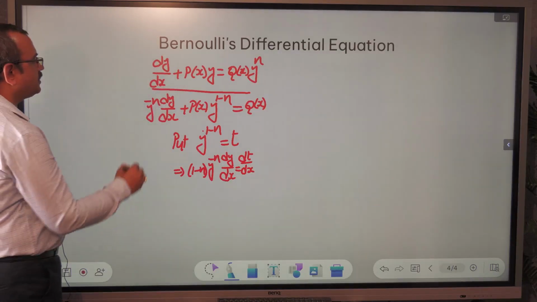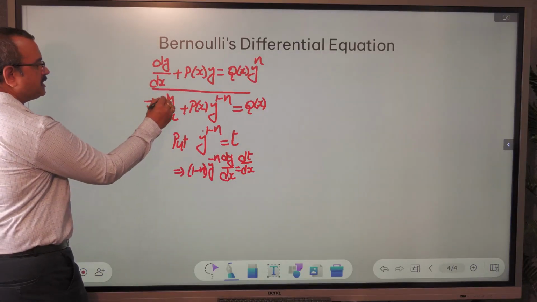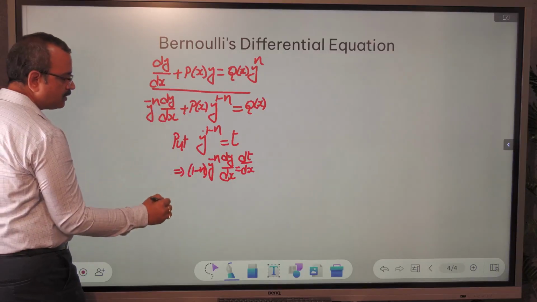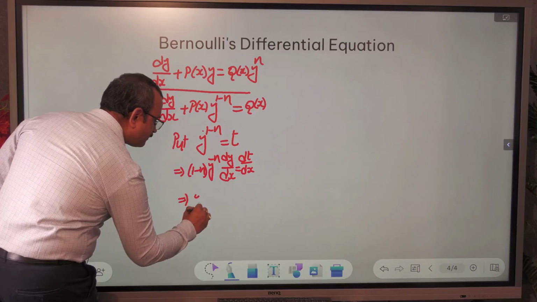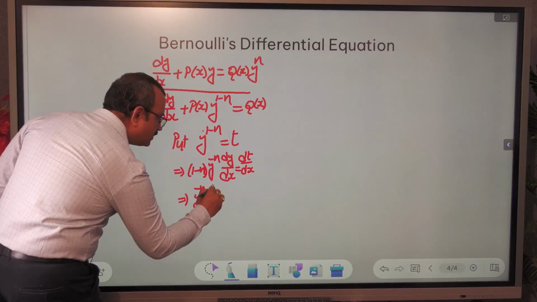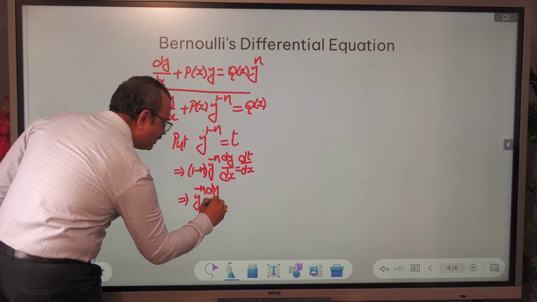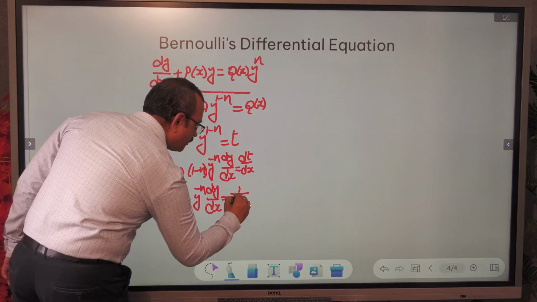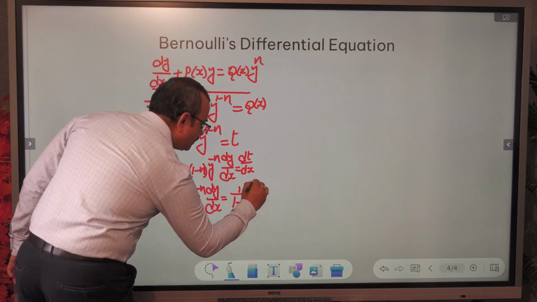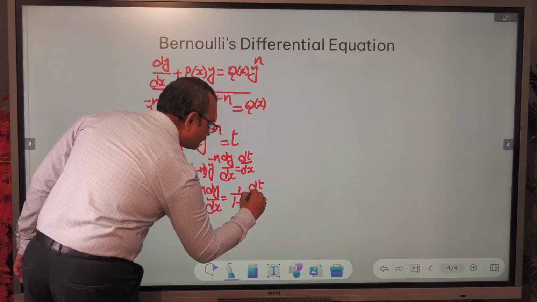Here the term we have is y power minus n into dy by dx. So we can write y power minus n into dy by dx is equal to 1 by 1 minus n into dt by dx.